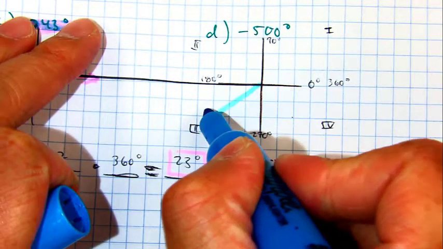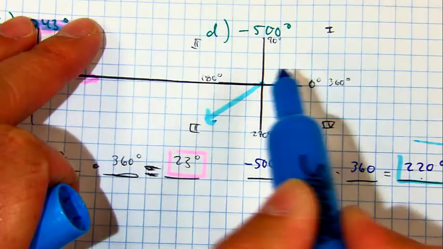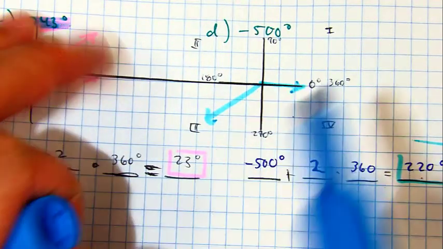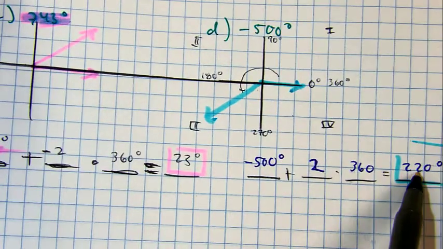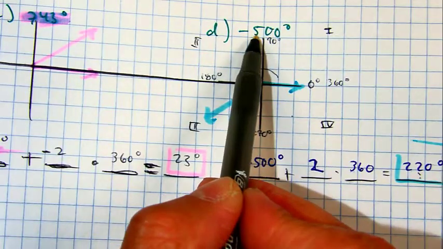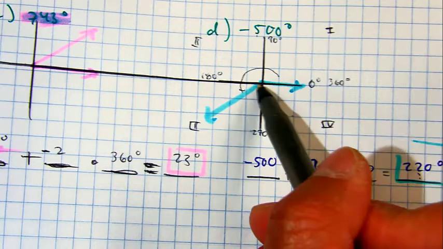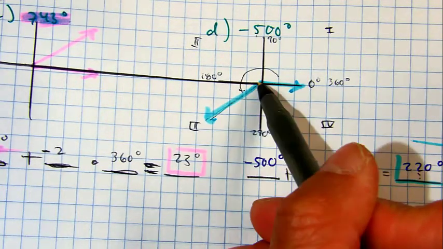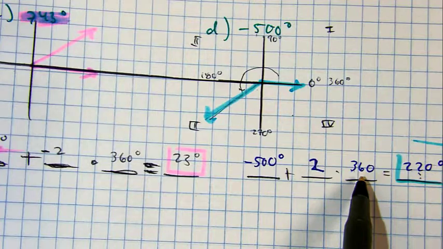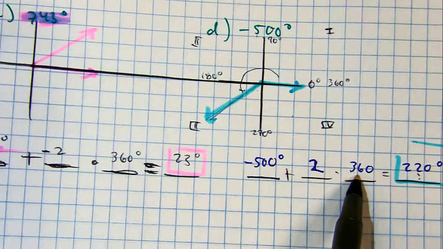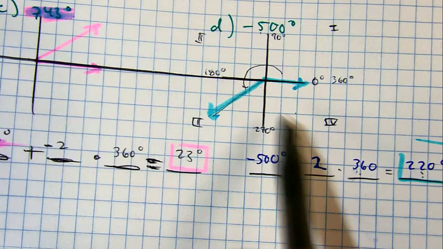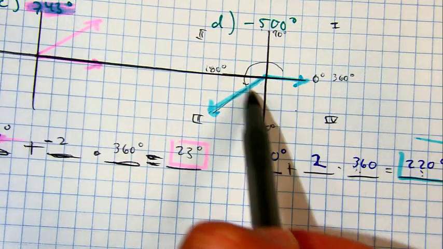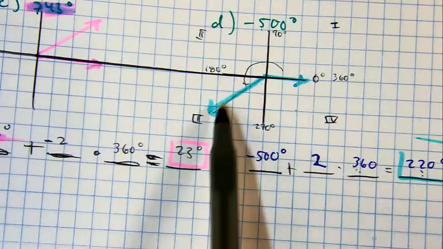So this is what my angle looks like. This 220 degrees is coterminal with negative 500. If I start here at this position and I spin it around 2 times, going clockwise, you will get to the same position.